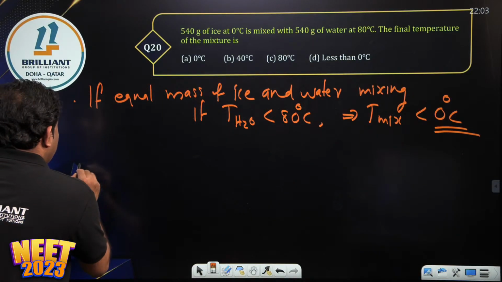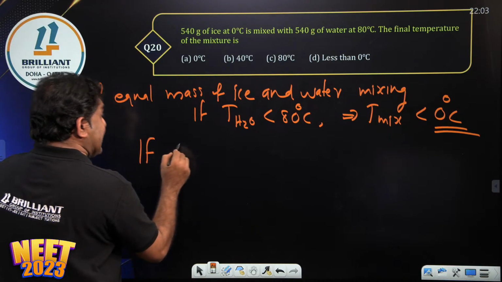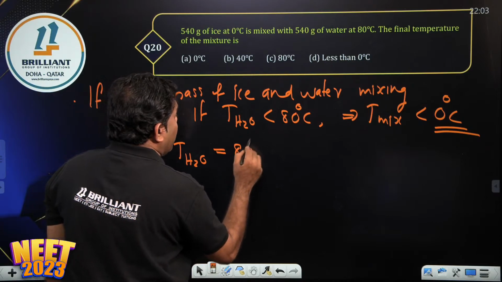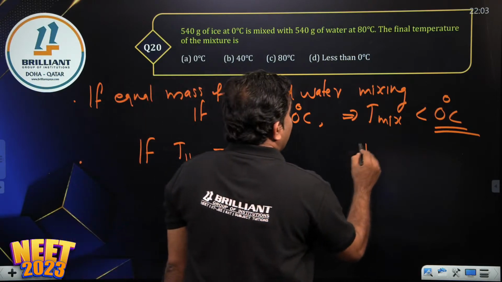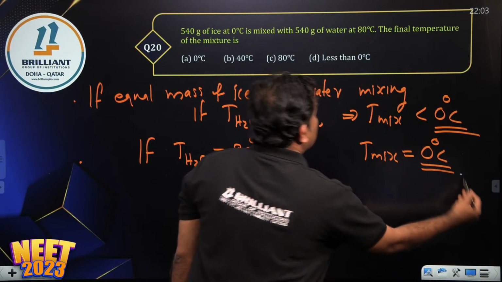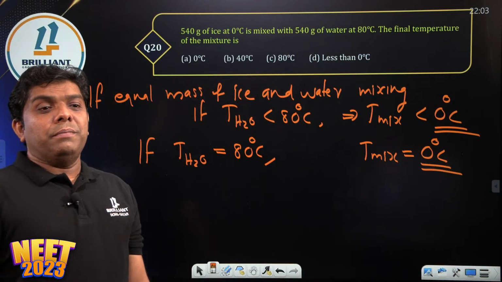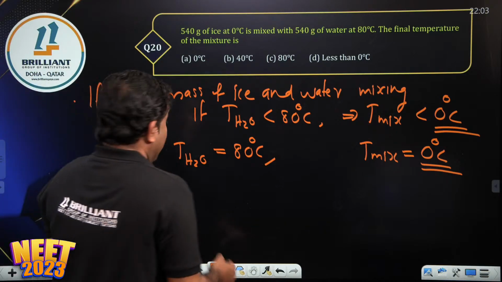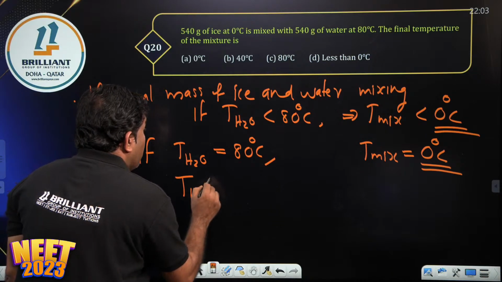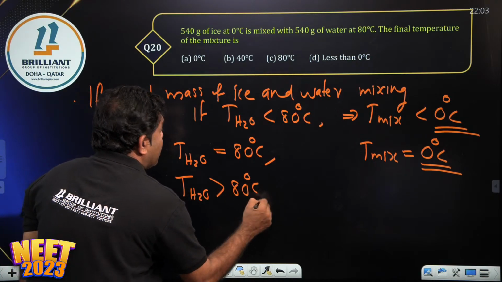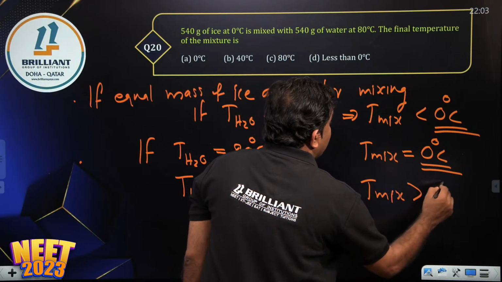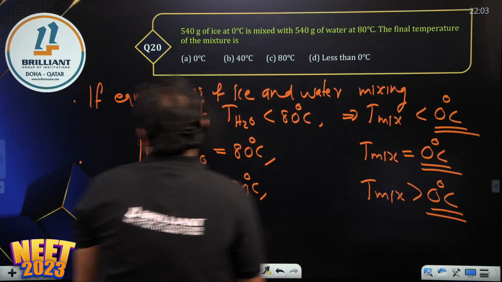Second case, if in the same case the temperature of water is equal to 80 degrees Celsius, then the temperature of the mixture will be equal to 0 degrees Celsius. Next, if the temperature of water is more than 80 degrees Celsius, then the temperature of the mixture will be greater than 0 degree Celsius.